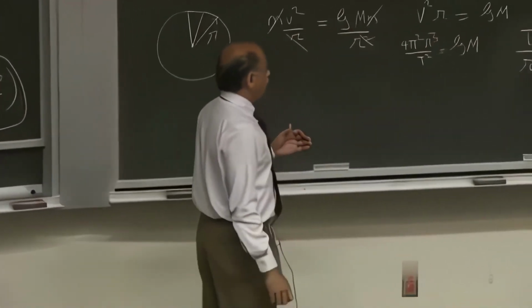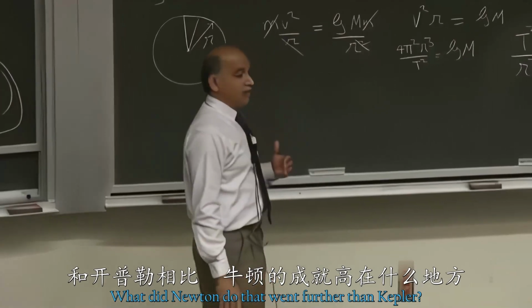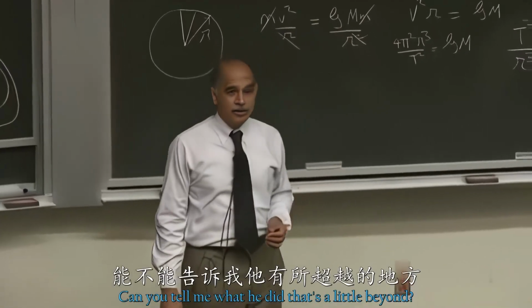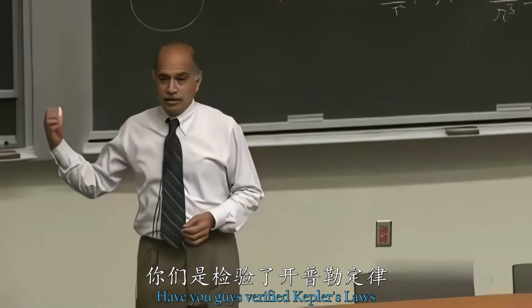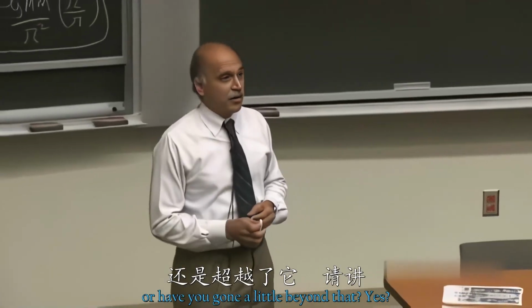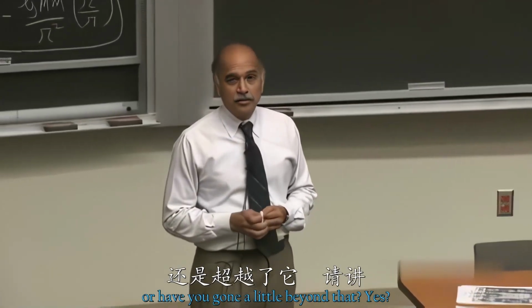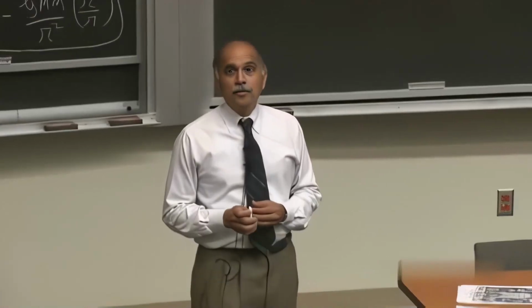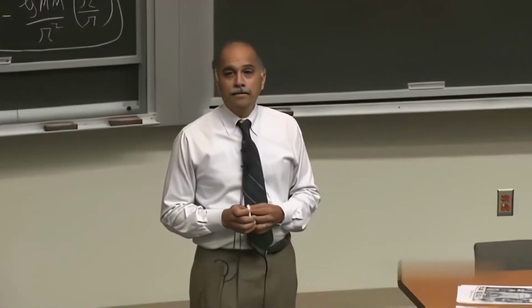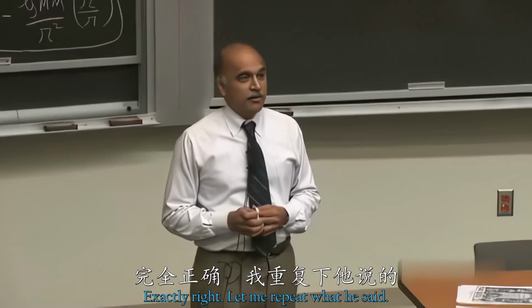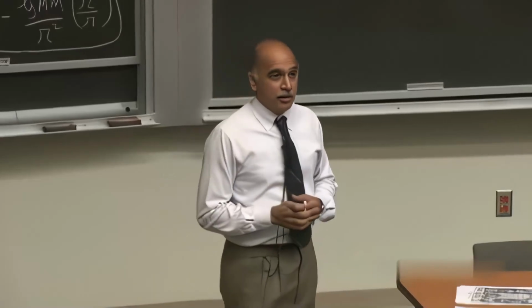What did Newton do that went further than Kepler? Can you tell me what he did that's a little beyond? Have you just verified Kepler's laws, or have you gone a little beyond that? Yep. Well, Kepler says that t squared over a cubed is always the same, but Newton defines why it's the same. Exactly right. Let me repeat what he said.